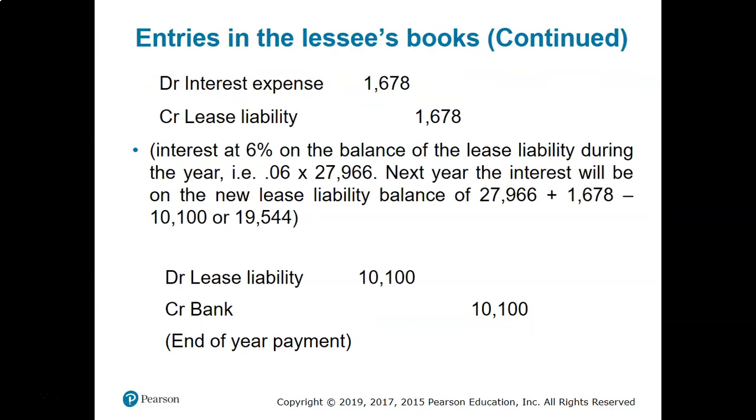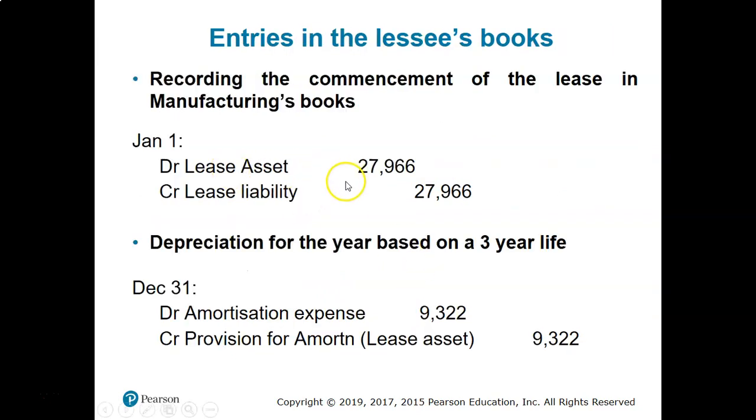And as we mentioned before, at the end of the first year, you will actually pay 10,100, right? But the liability that we recognized here as the present value was on the first day.